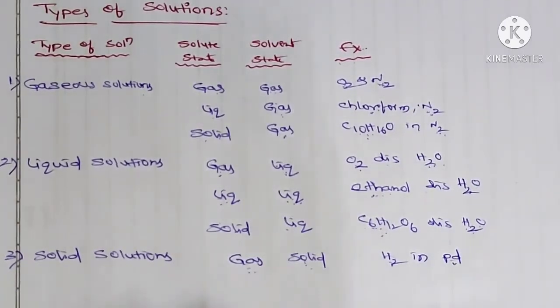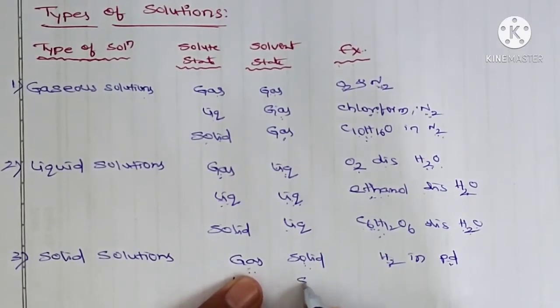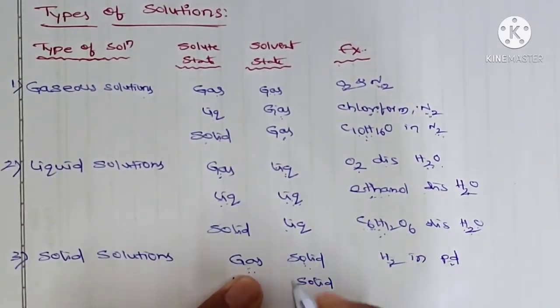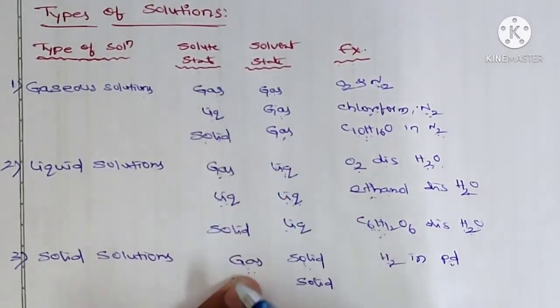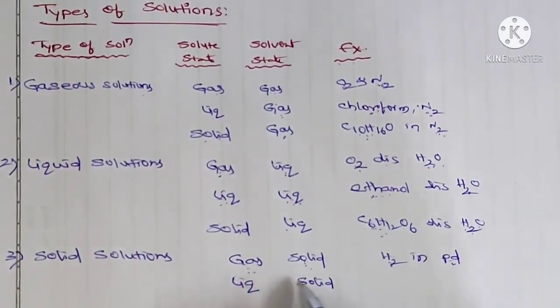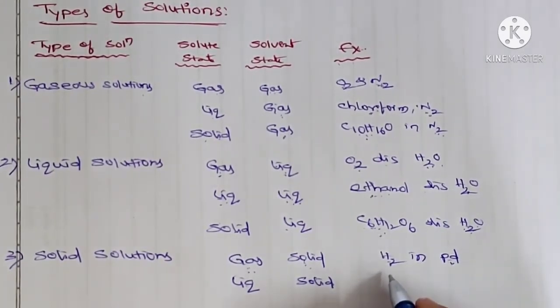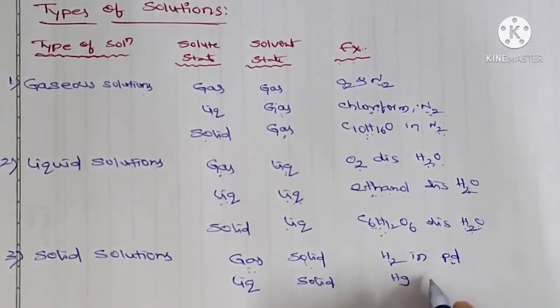And the next one, the solvent is in solid state and the solute is in liquid state. So liquid in solid. Example, amalgam of mercury with sodium.